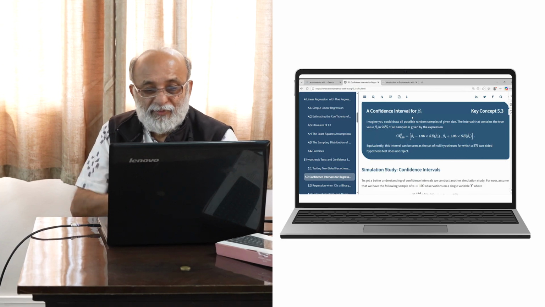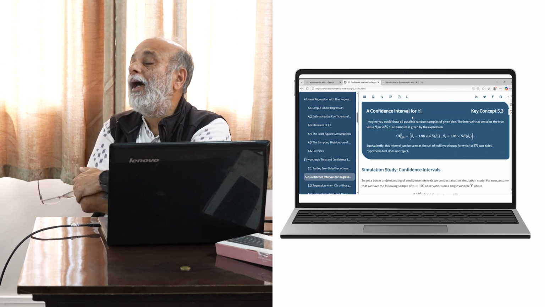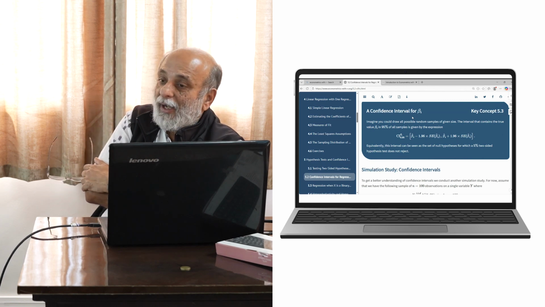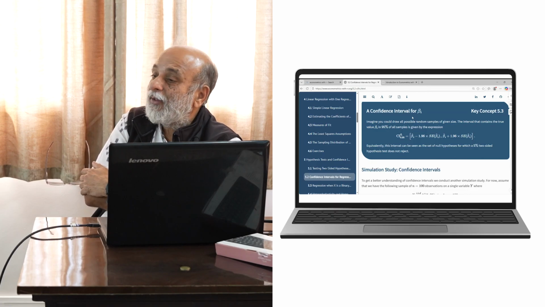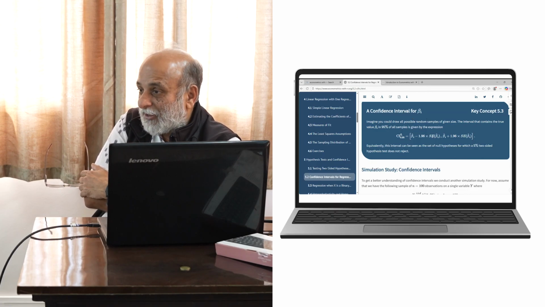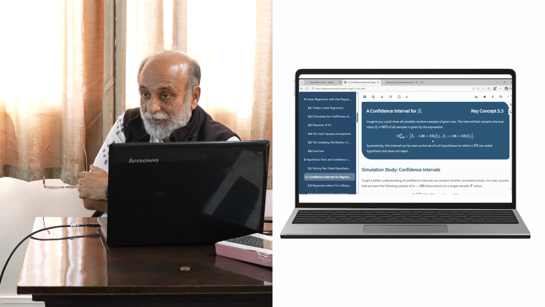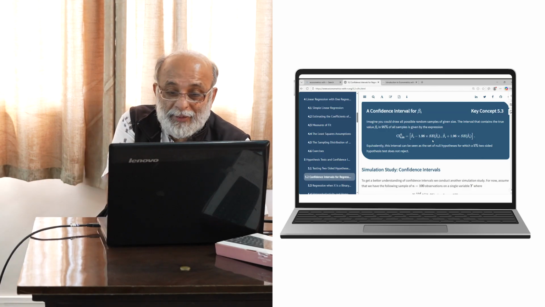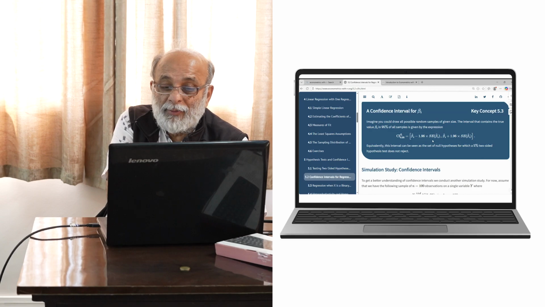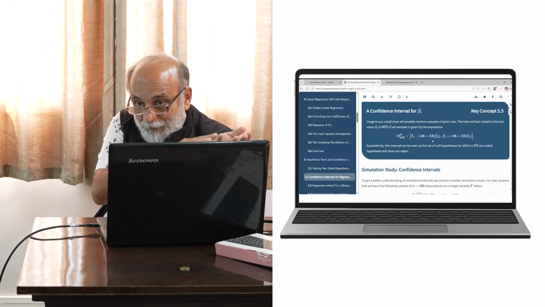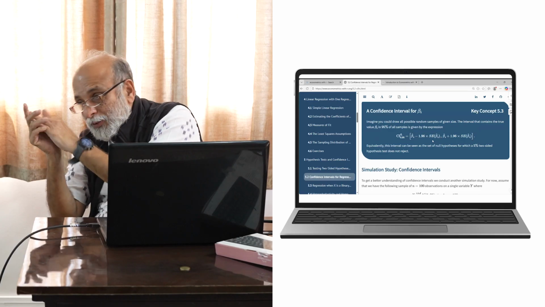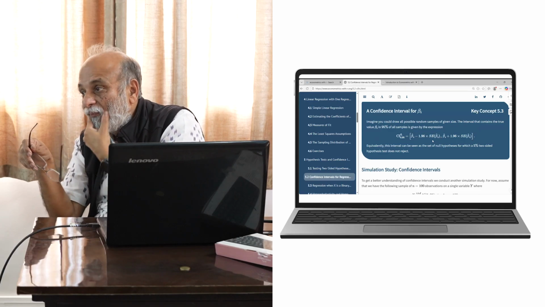So the basic formula is: if beta hat i is an estimated value, and you look at a 95% level, then 1.96 and minus 1.96 are the critical values for the standard normal. So what you do is beta hat i minus 1.96 into the standard error of beta hat i, plus 1.96 into the standard error of beta hat i.